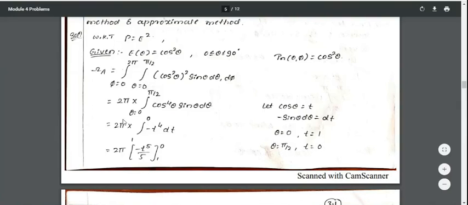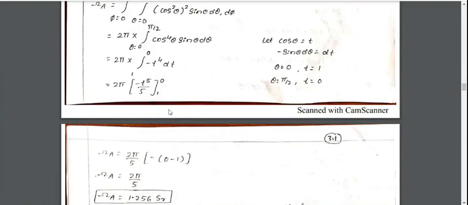So we have 2 pi into the integral from 1 to 0 of minus t raised to 4 dt. If we want to change the sign, we just need to interchange the limits. So instead of 1 to 0, let us put 0 to 1. Then we have t raised to 4 dt, and the minus is replaced with a plus.